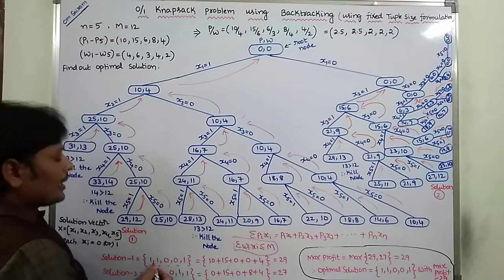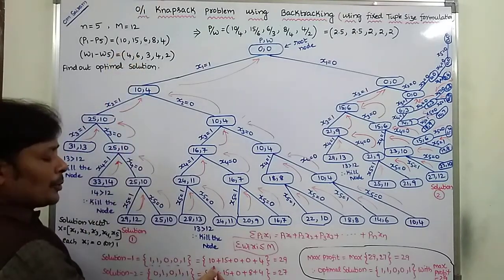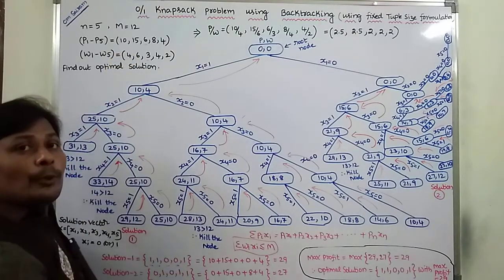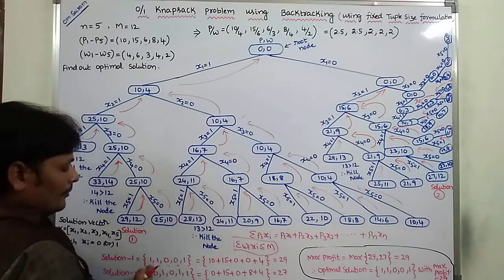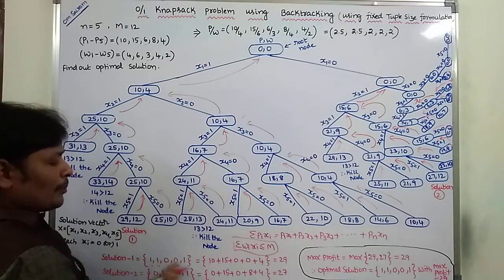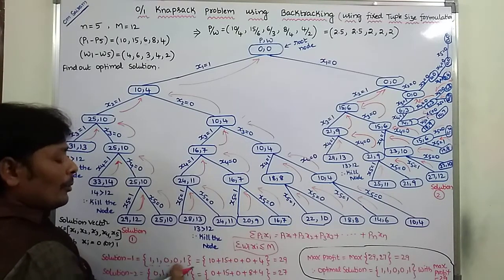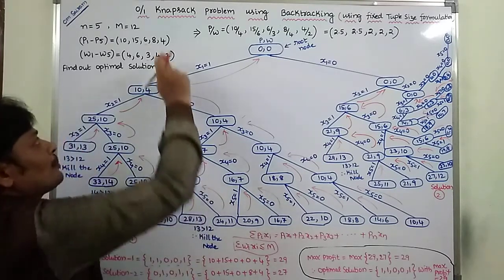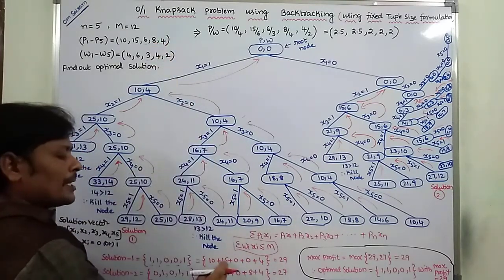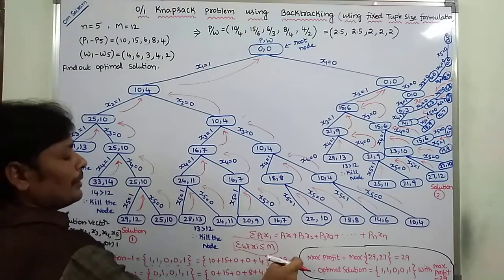Here 1 is there, the corresponding object profit we have to write. 0 is there, we do not consider that profit. So here 10 plus first object profit 10, second object profit 15. We do not consider the third object profit. We do not consider the fourth object profit. Consider the fifth object profit, that is 4. 10 plus 15 plus 4, that is 29.